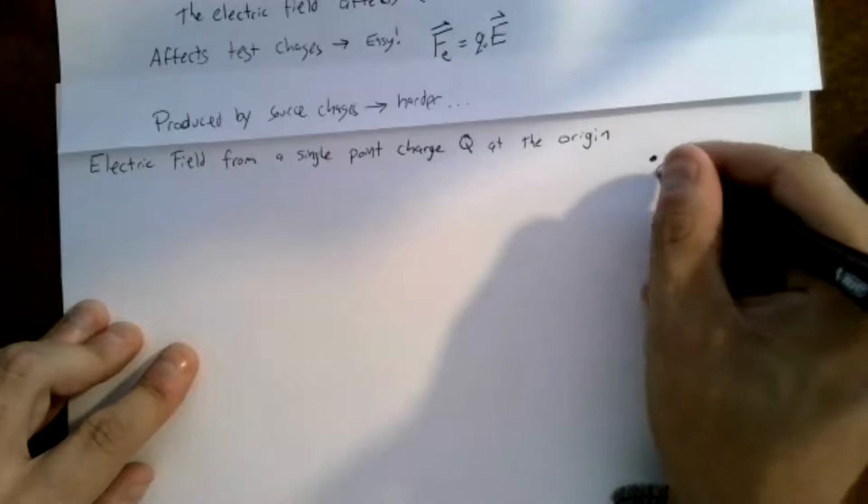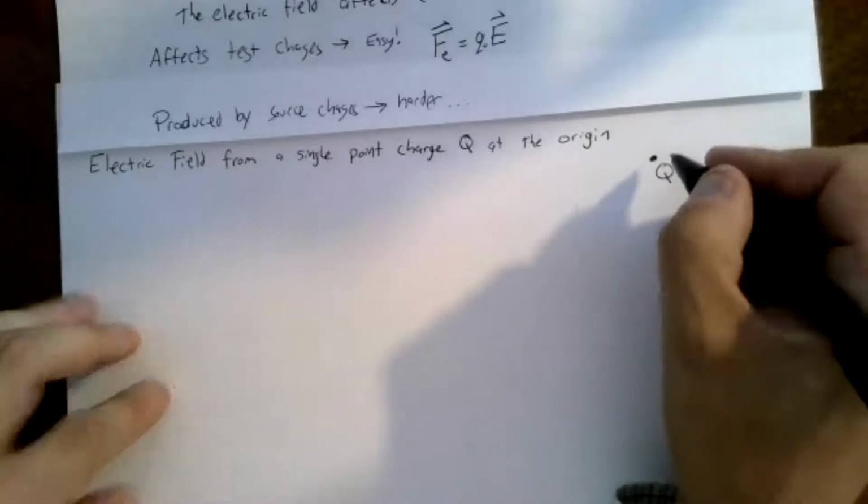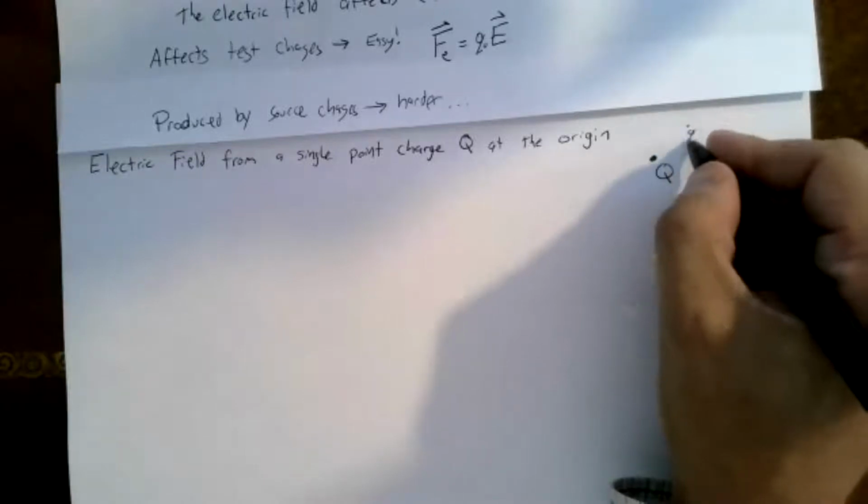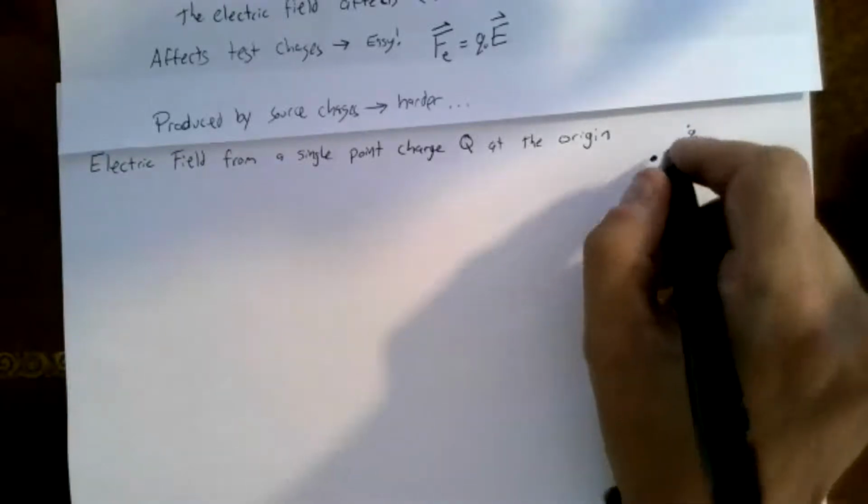If we put a charge Q at the origin, the electric field will tell us, at any point, wherever we put our test charge, what the electric force is going to be.